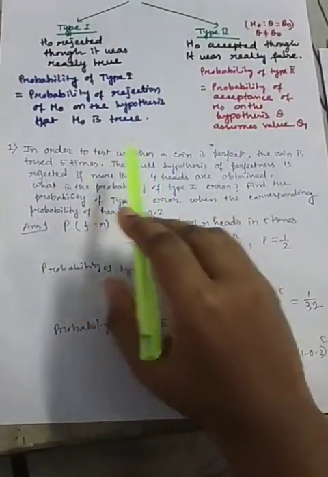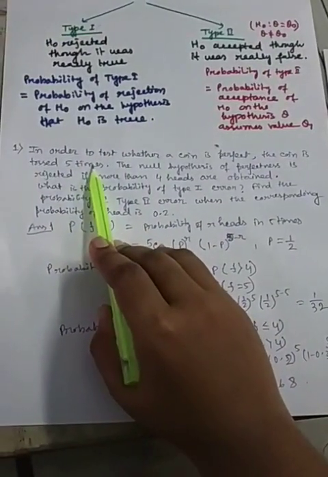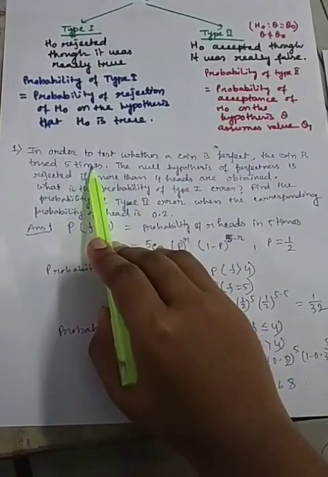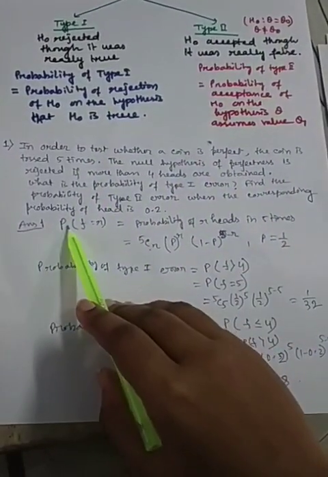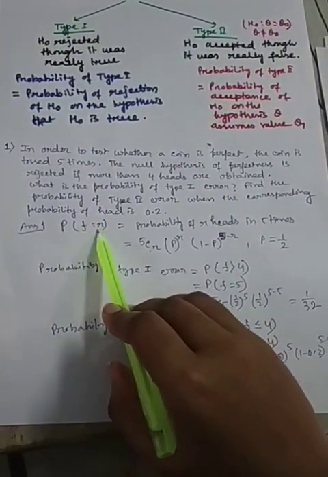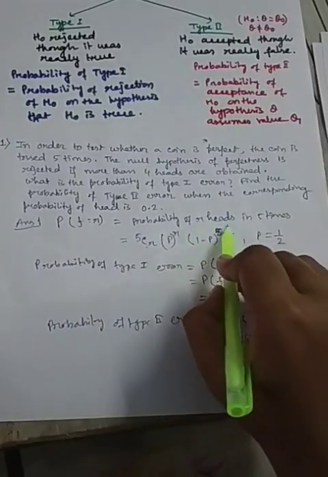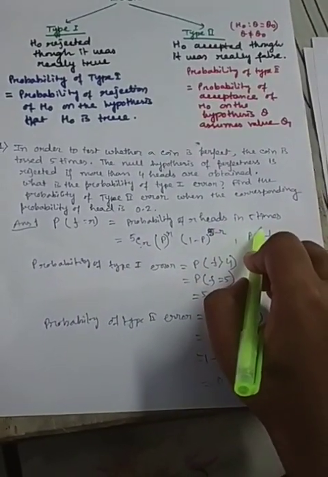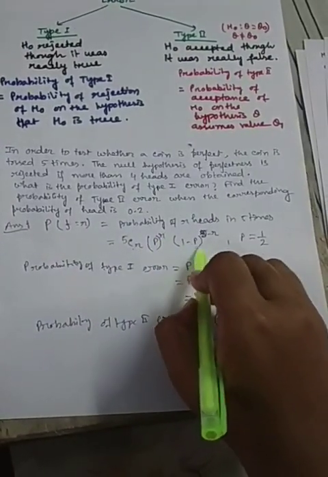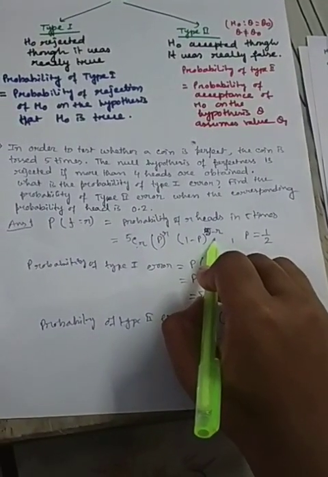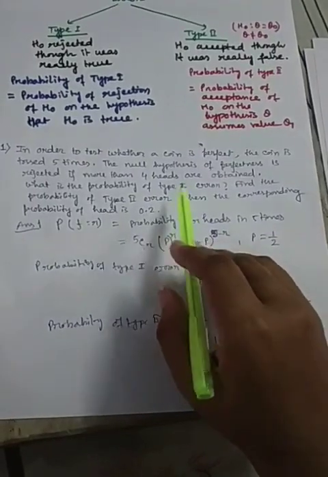And the coin is tossed 5 times, so it's a discrete distribution and obviously binomial. So if we take the probability of F equal to R, that is the probability of R heads in 5 tosses, then it is 5CR P to the power R, (1 minus P) to the power (5 minus R), definitely.